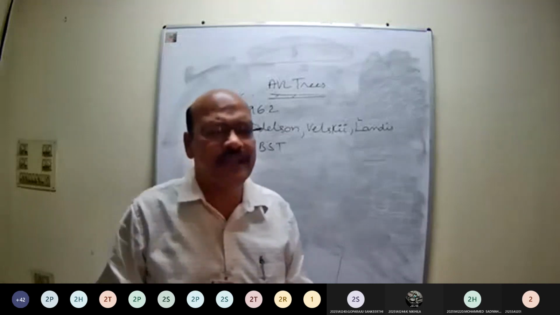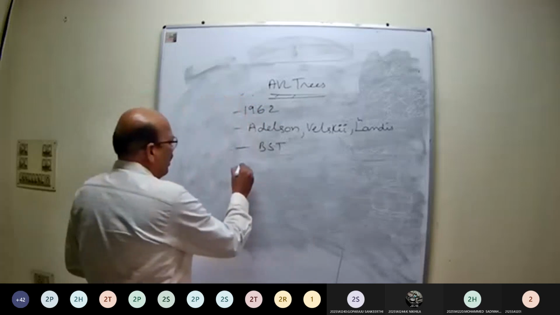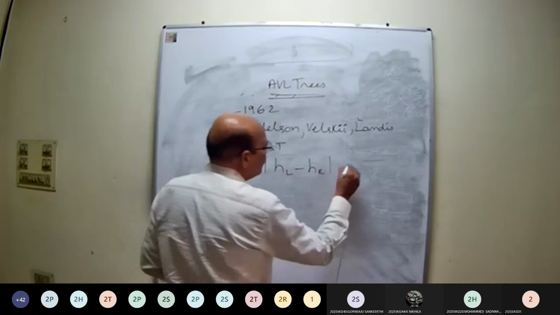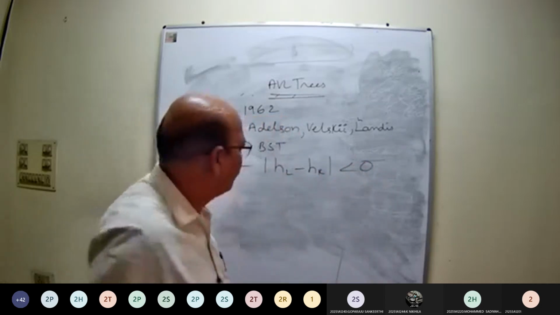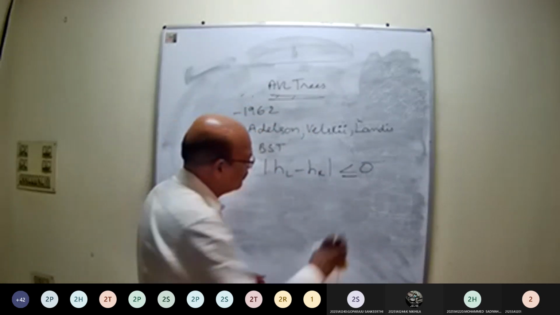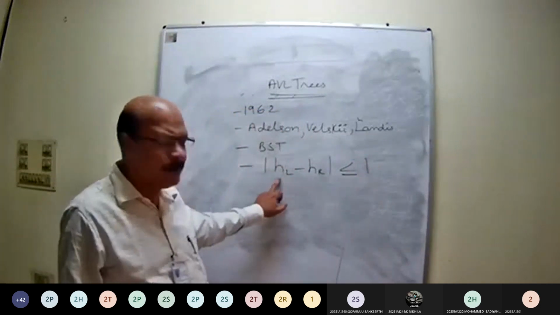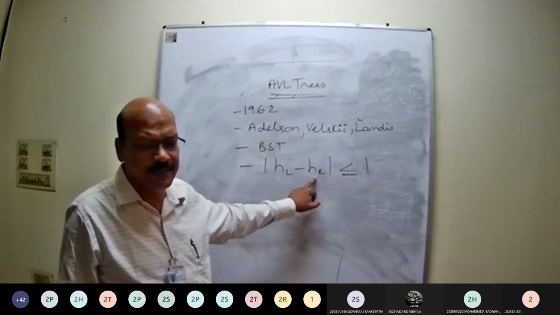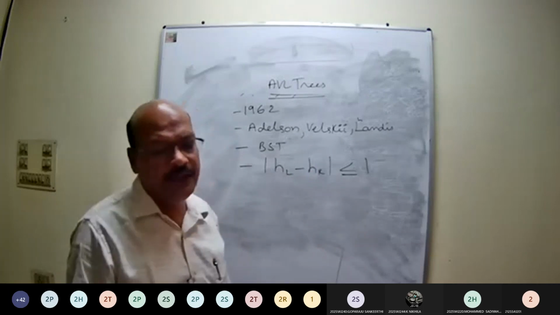Apart from that, it should also satisfy one more property. What is that property? Mod of HL minus HR should be less than or equal to 1.